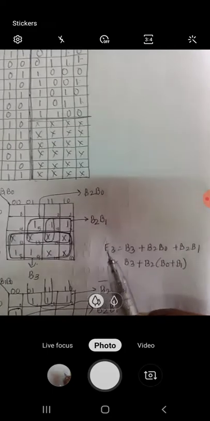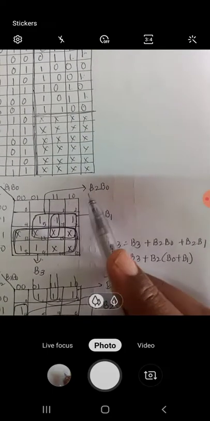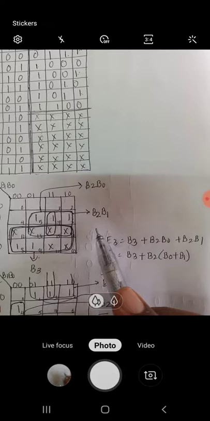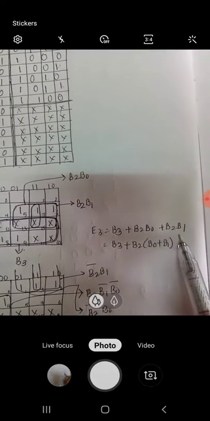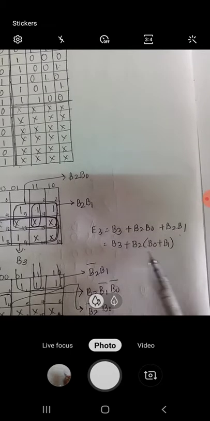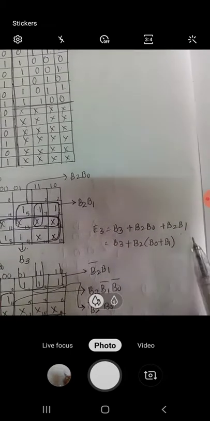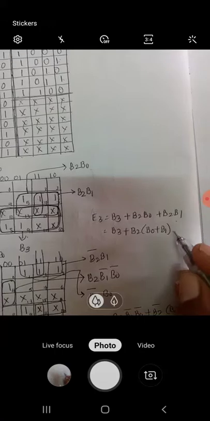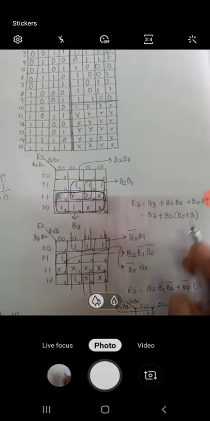If I write an output expression for this, this is how it is: B3 plus B2 B0 plus B2 B1. I have written it over here. If I collect B2 as a common term, I can further simplify this in this fashion. So this is the expression for output E3.